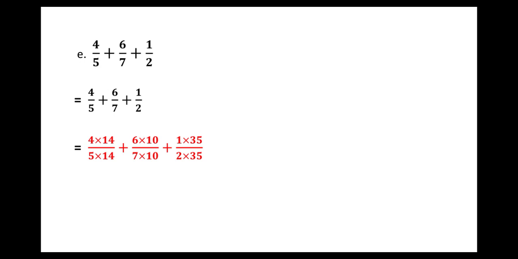When I multiply it by 5 I get 70. So 4 by 5 multiplied by 14, 5 multiplied by 14 gives us 70, plus, now the second fraction is 6 by 7. So 10 times 7 gives us 70 and 35 times 2 gives us 70.